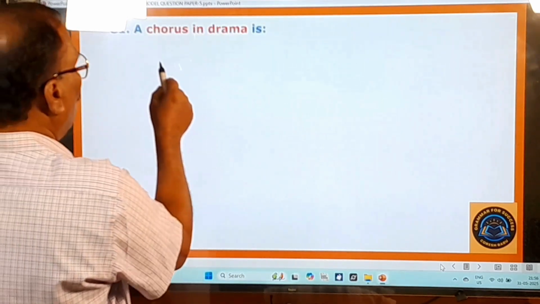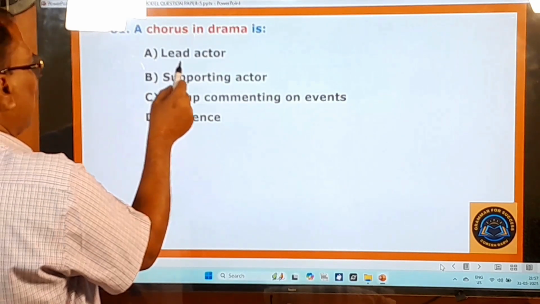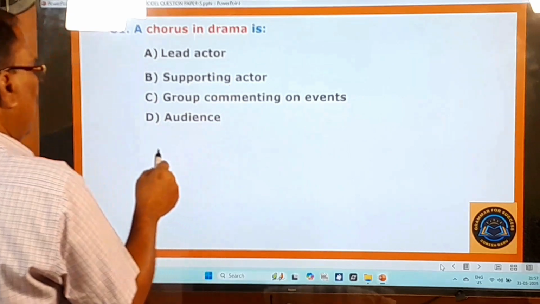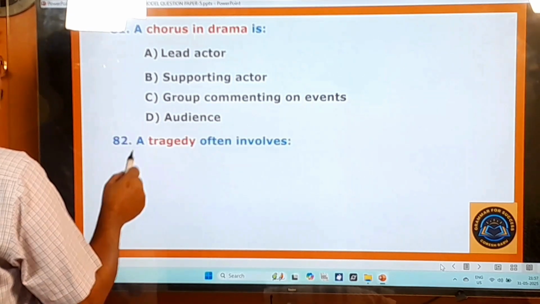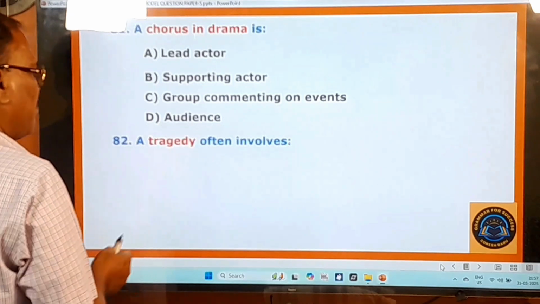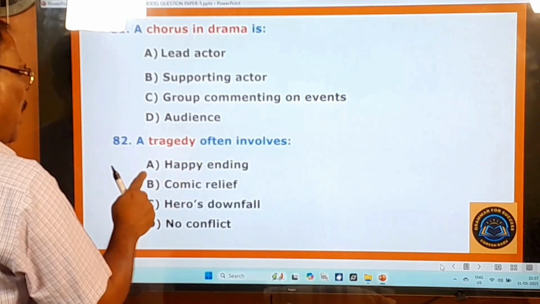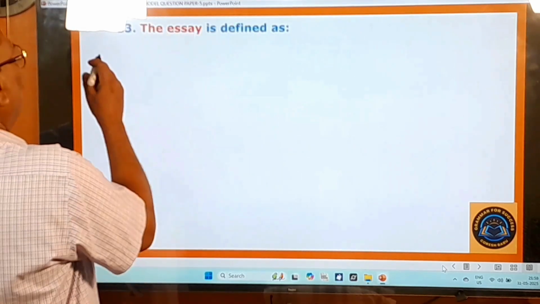81st question. A chorus in drama is lead actor, supporting actor, group commenting on events, audience. 82nd question. A tragedy often involves happy ending, comic relief, hero's downfall, no conflict. 83rd question.